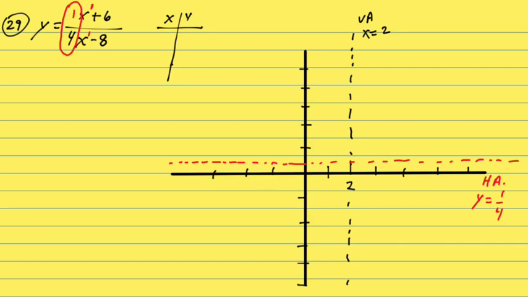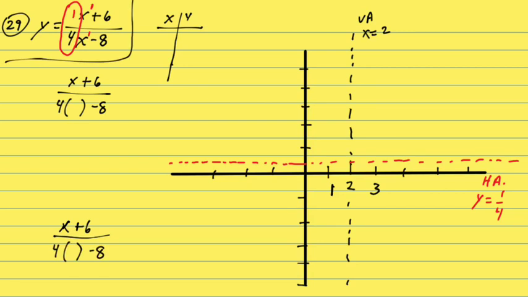Choose a value to the left of 2 and to the right of 2. So I have x plus 6 over 4x minus 8. Let's plug in for x.